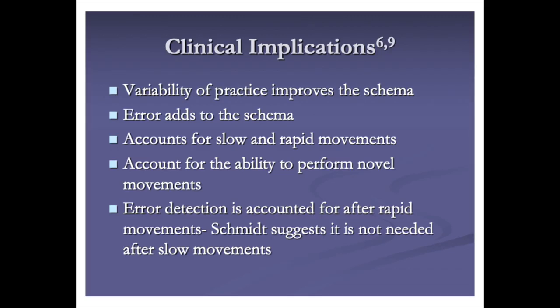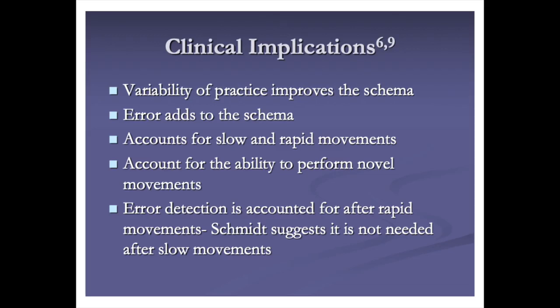So that recall schema is improved upon, and it also accounts for how error improves that schema for the next time that you activate that program. It also accounts for slow and rapid movements, so you can improve upon and activate the recall schema, whether it's a slow movement or a fast movement. And then the recognition schema looks at how well you did and then updates the recall schema.